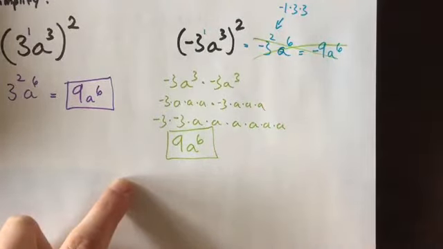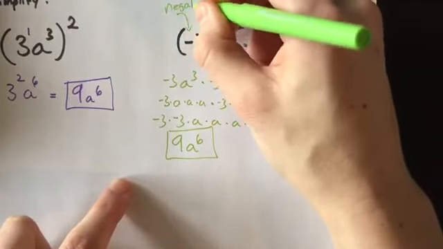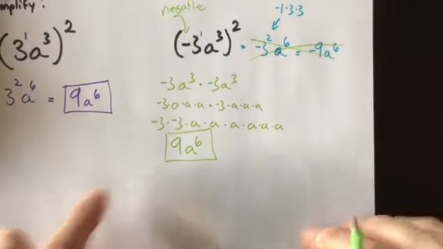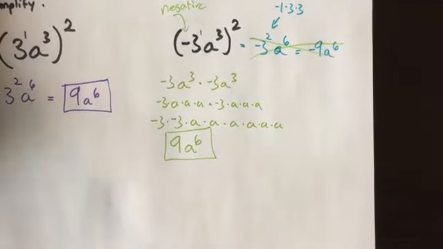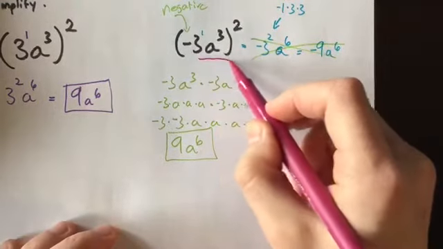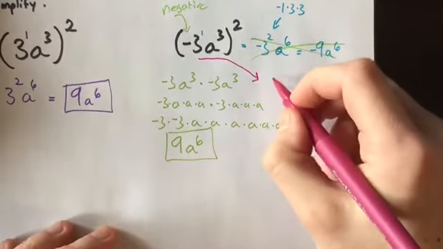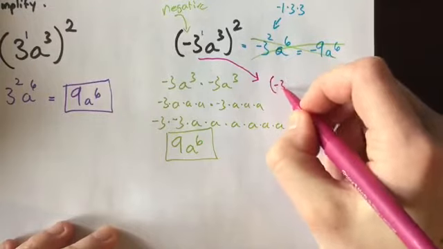And the reason it didn't work was because we had a negative inside of our parentheses there. So we have to make a little adjustment to our rule for power to a power. When we have a negative inside of our parentheses, if we're going to use that rule, we have to take that negative and put it inside parentheses.